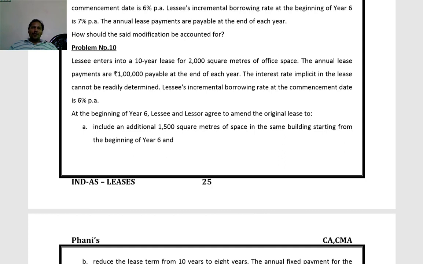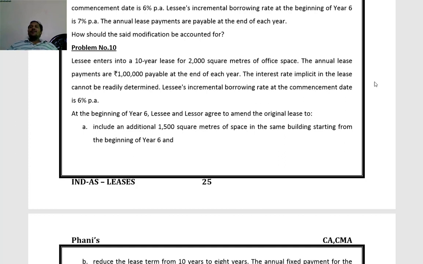Next we will move on to problem number 10. Lessee enters into a 10-year lease for 2000 square meters of office space. The annual lease payments are 1 lakh rupees, payable at the end of each year.